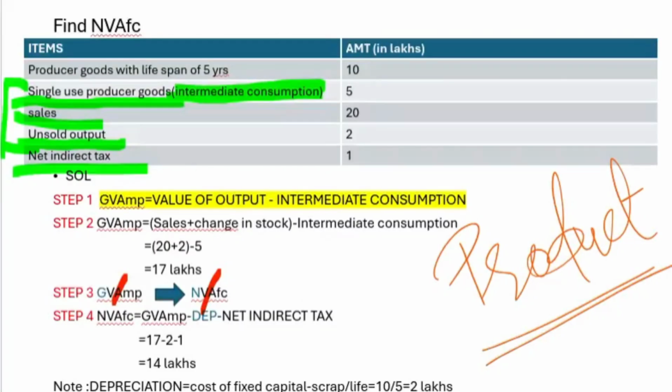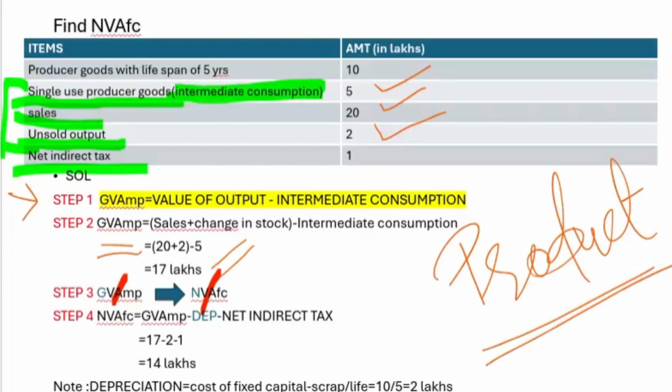And then we'll move on to the golden formula, that is step 1 in this particular question, because we already know it's a question which belongs to the product method. So GVA-MP is equal to value of output minus intermediate consumption. Value of output is equal to sales plus change in stock minus intermediate consumption, which will arrive you at 17 lakhs.